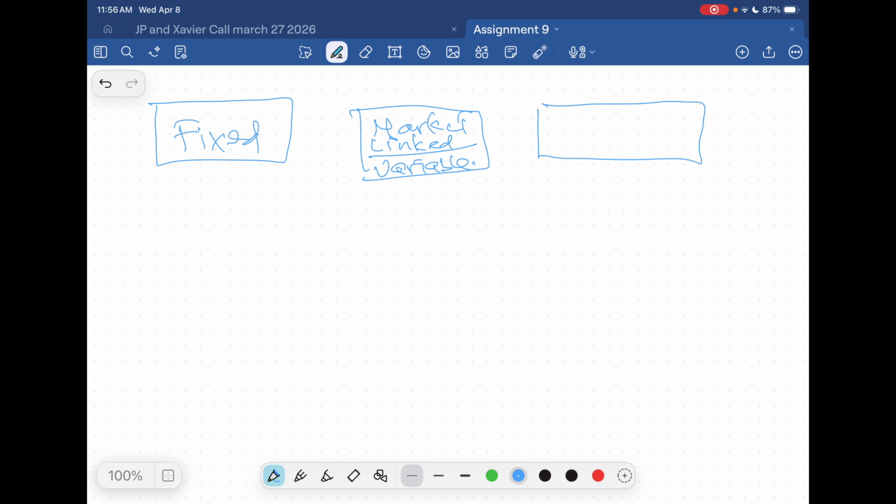And the third kind is called fixed annuity. All right. So this is 1, 2, 3.